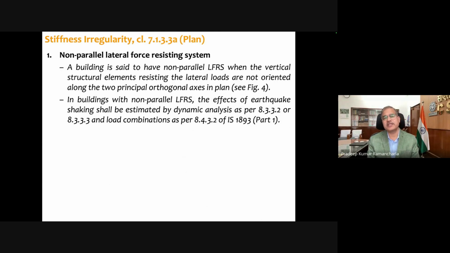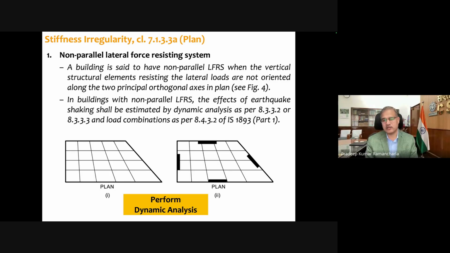Then coming to stiffness irregularity. Stiffness irregularity in plan: the first one is non-parallel lateral force resisting systems. So if the lateral load resisting systems, which are, say, moment resisting frames as well as structural walls, are not aligned parallel in the principal plan direction, then we have to use a certain load combination, which is force in one direction plus 30% of force in the other direction, to be added to one principal plan direction, and perform dynamic analysis.